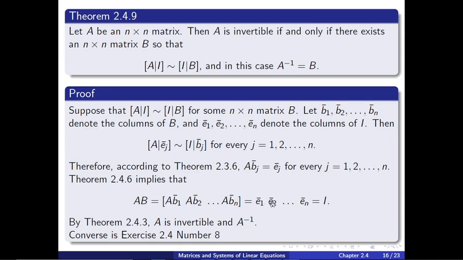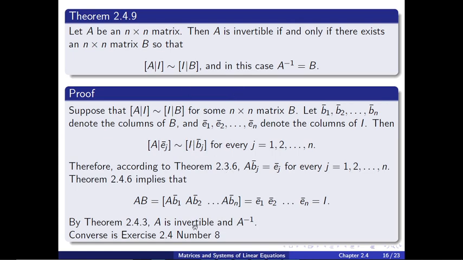This is just [E1, E2, up to En], so the matrix that is just I. And by the theorem that characterizes invertibility, we know that if AB is equal to I, then A is invertible, and the inverse of A is equal to B. So that needs to be fixed. A inverse here is going to be equal to B. Right. And so that proves the one part of the theorem.